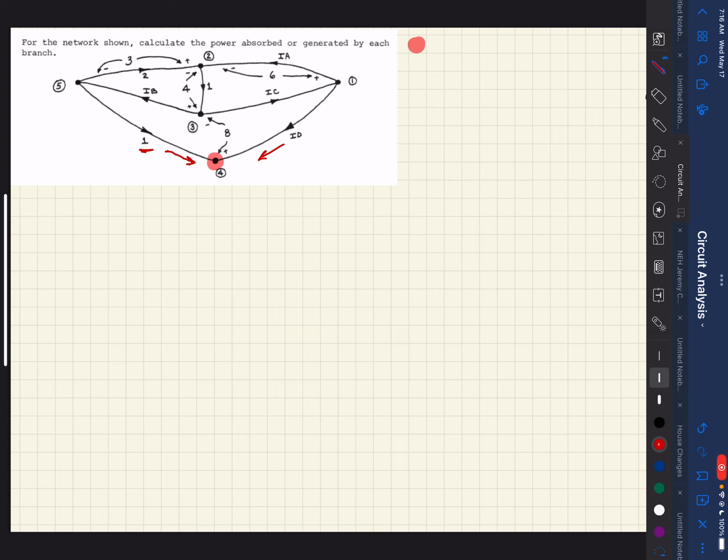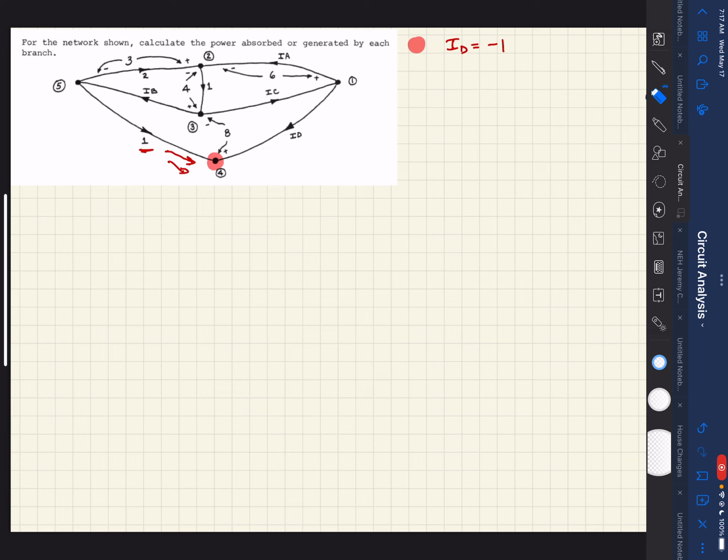So that means the sum of all currents entering and leaving a node must be 0. So if we have 1 amp coming in here, that means we must have 1 amp leaving here, that's in the opposite direction of what we assumed. So therefore, it will be negative. So ID in this case is -1. So that gives us one of them.